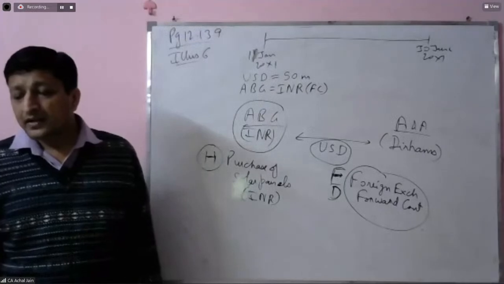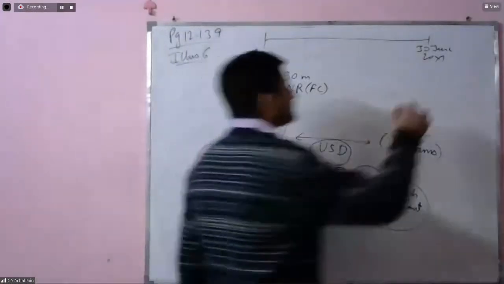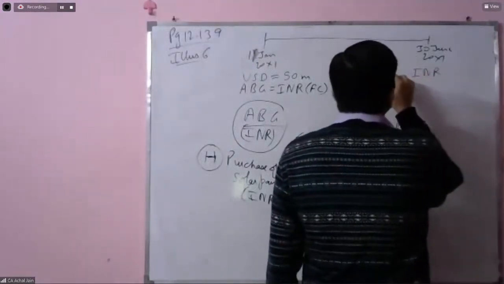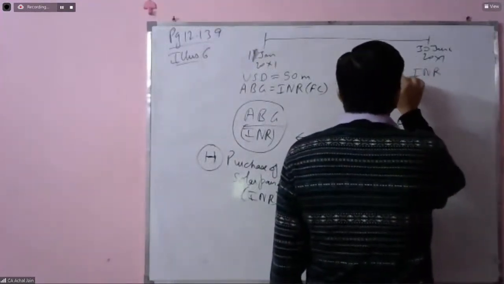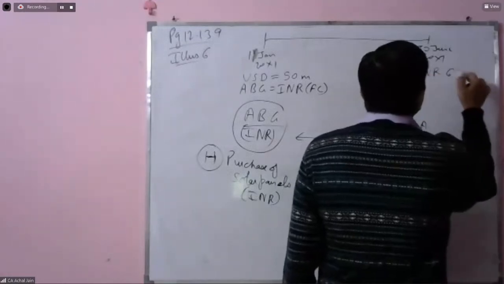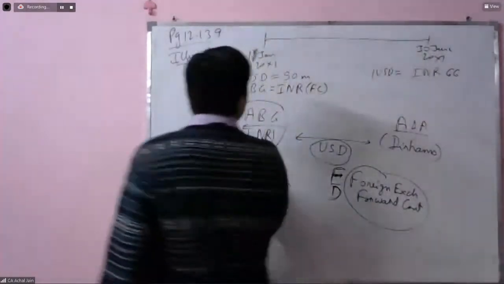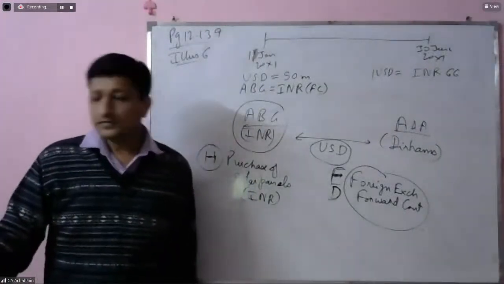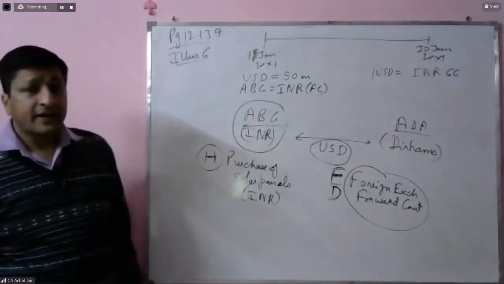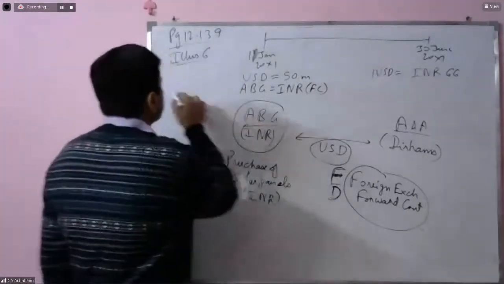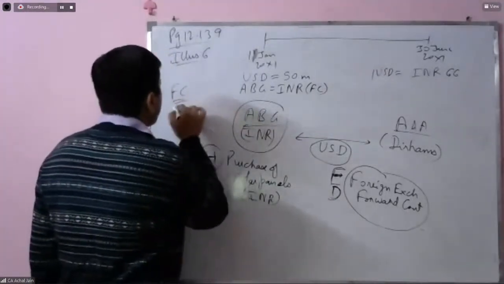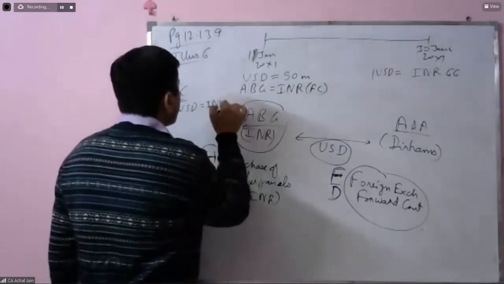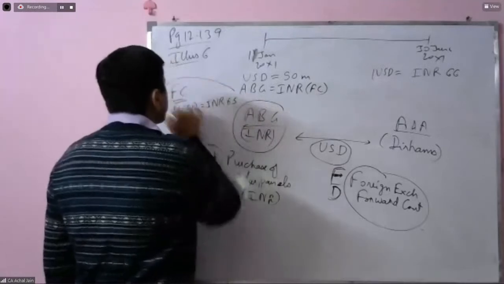So what's the rate on 30th June? 1 USD is equivalent to INR 66. That's the rate. And what's the forward contract rate? So the forward contract says 1 USD is equivalent to INR 65.